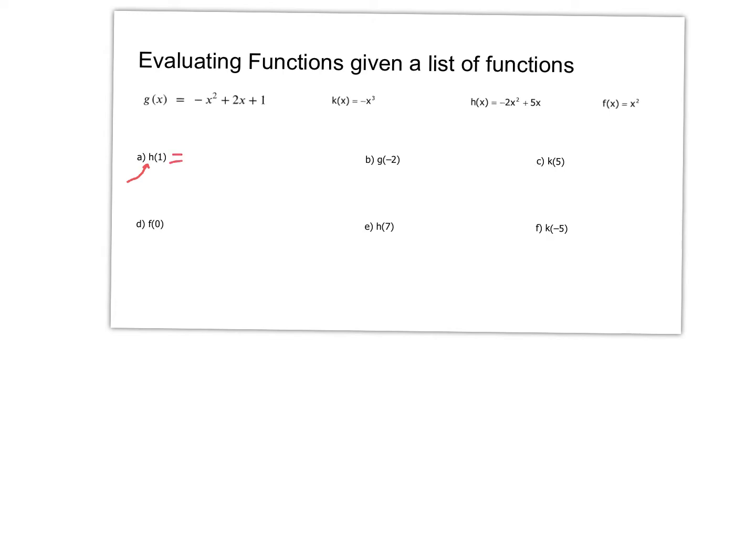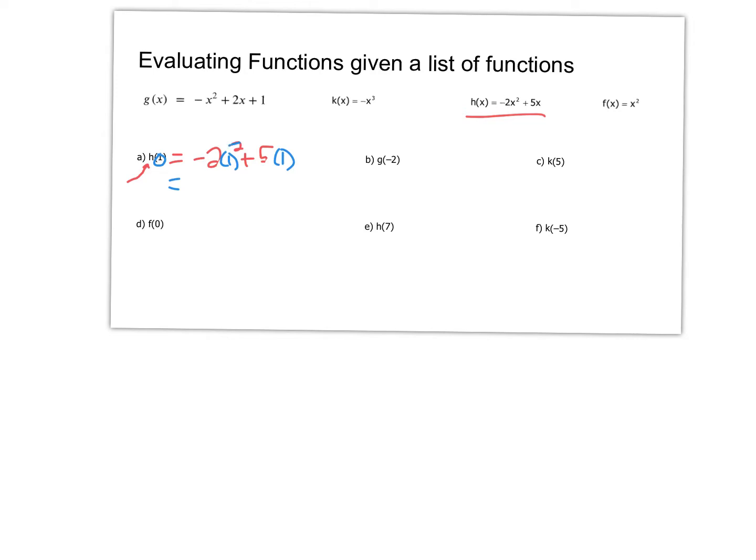So according to h, it's 2x squared plus 5x. Now the 1 says we're going to put 1s in for x's. So now the x's, we trade out with 1s. And we solve this out.